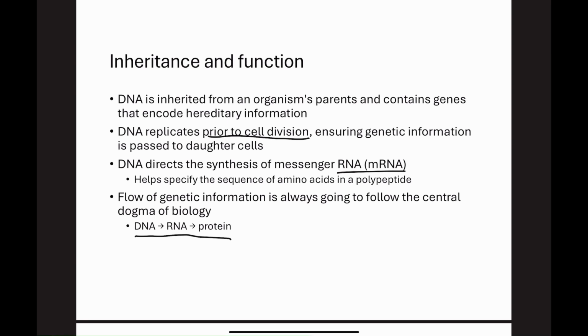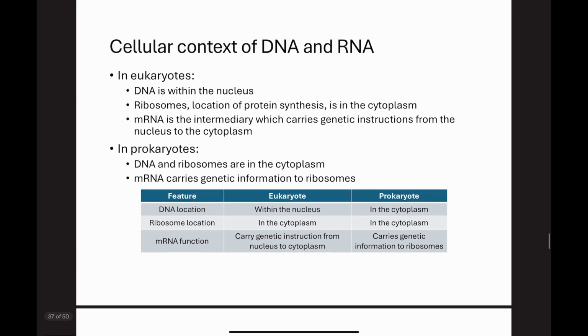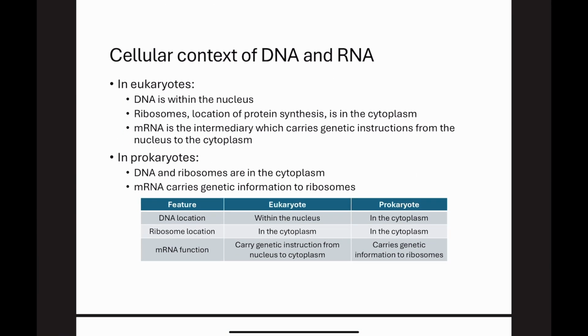So when we're thinking of DNA and RNA in the cellular context, we have a few key differences, which are all in this table. In eukaryotes, our DNA is found within the nucleus. The ribosomes, which are the location of protein synthesis, are found in the cytoplasm. And mRNA's function is as an intermediary, which carries genetic instructions from the nucleus to the cytoplasm.